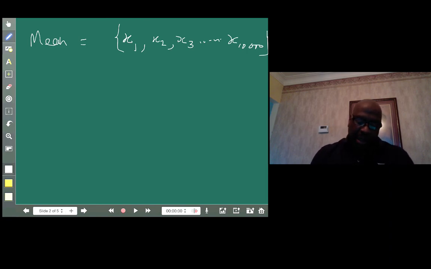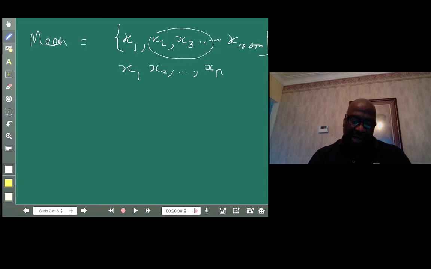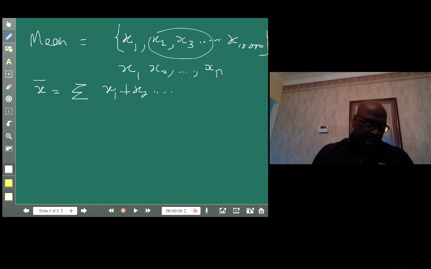But if we want a sample, we take a random sample from that population, then we could have X1, X2, Xn. I notice n denotes our sample size. All right? So our sample mean, X bar, is just the addition, that sign means the sum, the addition of X1, X2, to Xn, and then we divide it by the total number of values that we have.